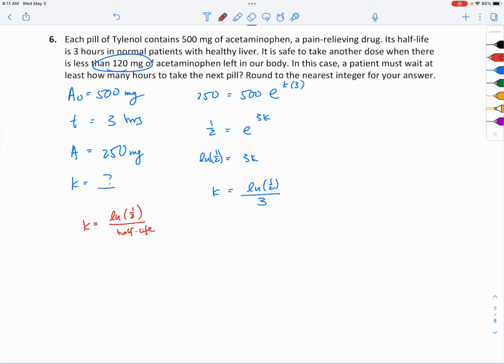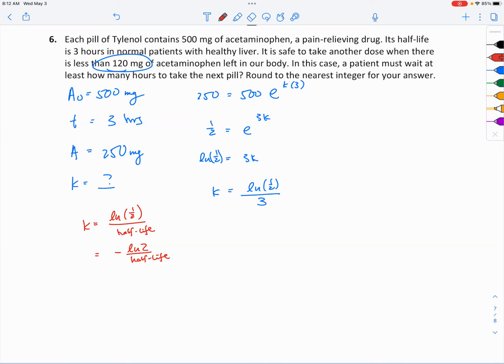Some people, if you do AP chemistry, you might see this instead: negative natural log of 2 over the half-life. Now the reason why it's natural log of 2, because 1/2 is 2 to the -1 power.